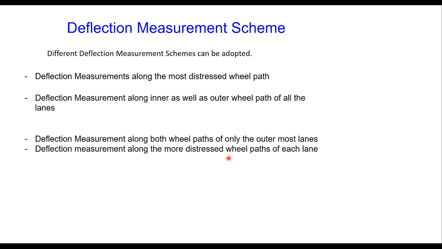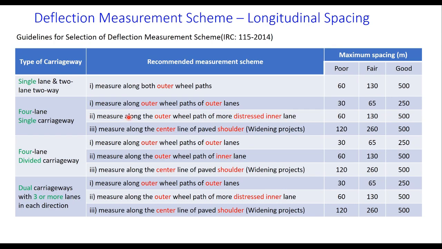Now, in each of these cases, there are certain guidelines given in the IRC code, that if you have a single lane or two-lane two-way carriageway, then we should measure along both outer wheel paths. And the maximum spacing between measurements should be 60 meter in case of poor condition of the pavement, 130 meter in case of fair condition, and 500 meter in case of good condition. So in 1 kilometer length, you will have two measurements.